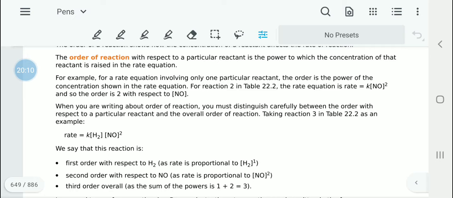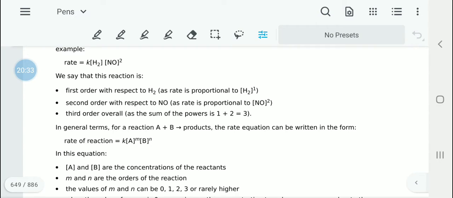Taking the earlier example, hydrogen and nitrogen monoxide: for hydrogen, the order is first order because the power is 1. Nitrogen monoxide has power 2, therefore it is second order. The overall order is the sum of these powers, 1 plus 2, which is 3.